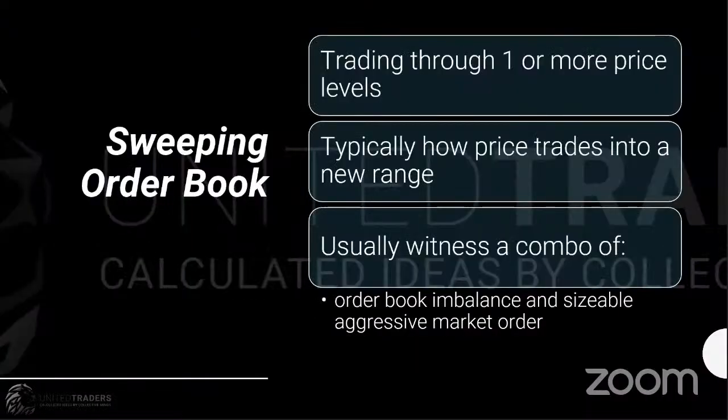Sweeping the order book is a term used when you trade through one or more price levels. This is essentially if you have price trading somewhere and there's 10 limit orders on the ask and you submit a market buy order of 50 contracts, well, there's not enough limit orders currently at that ask price to execute all those contracts.